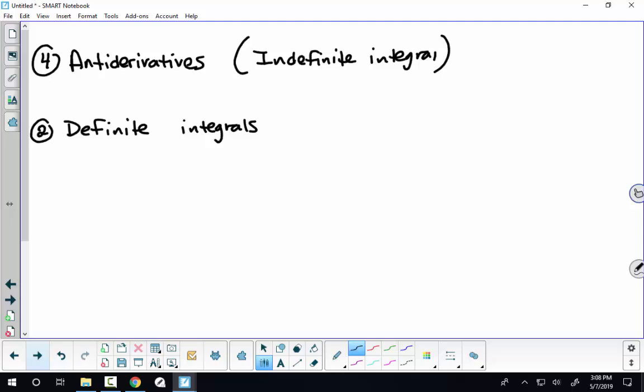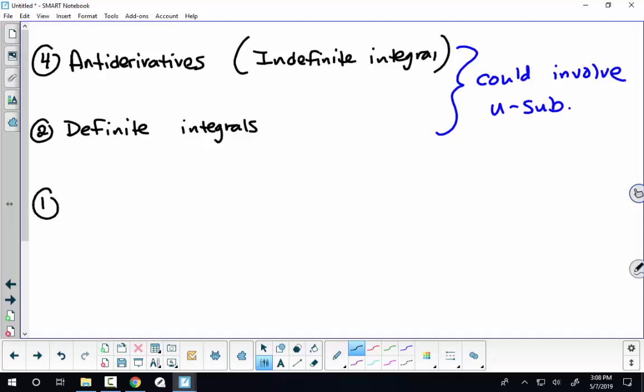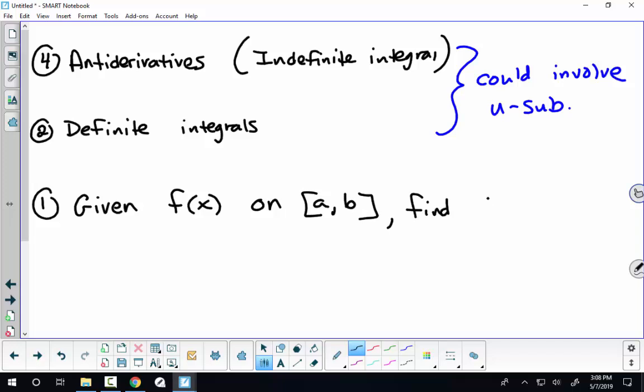So, all of those could involve a U-substitution. One question from 5.4 to find the average value. So you're given f of x on some closed interval. Find the average value.